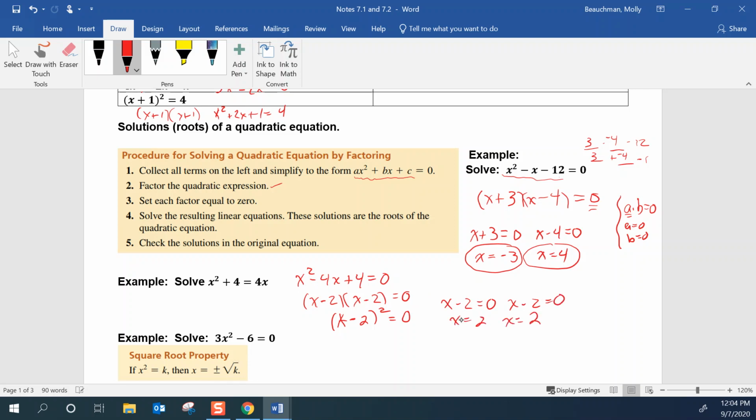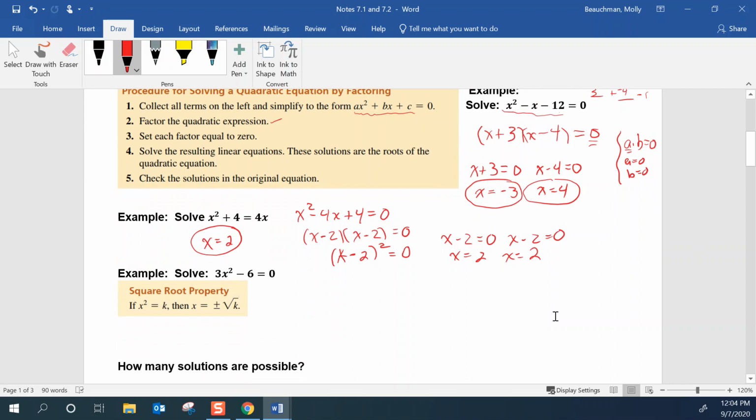We end up with the same solution twice. So the solution is actually just x is equal to 2. So we can end up with one answer where you end up with the same answer twice. So that's another thing that can happen with solving quadratics. Okay? So far we've had two solutions, one solution, or the same solution twice.